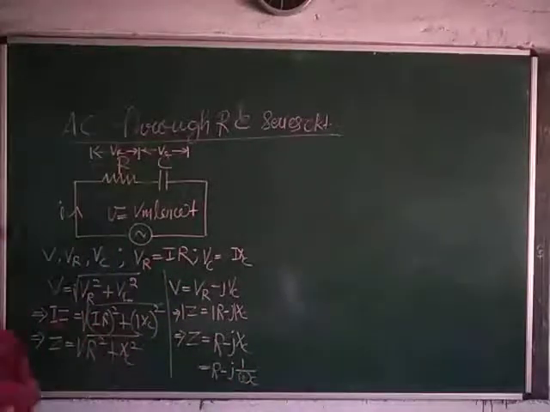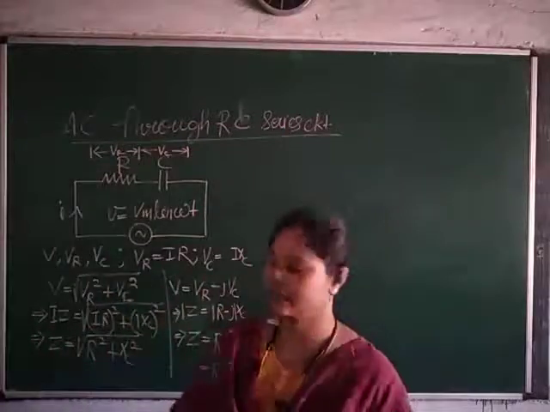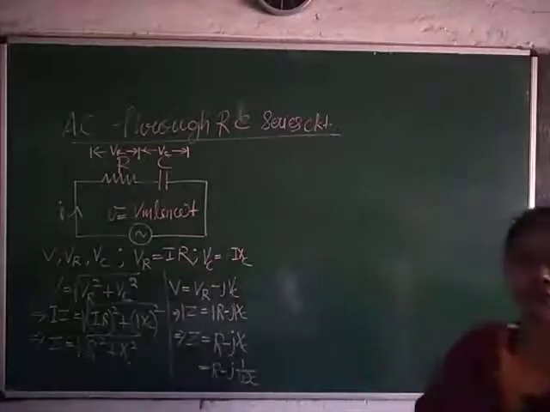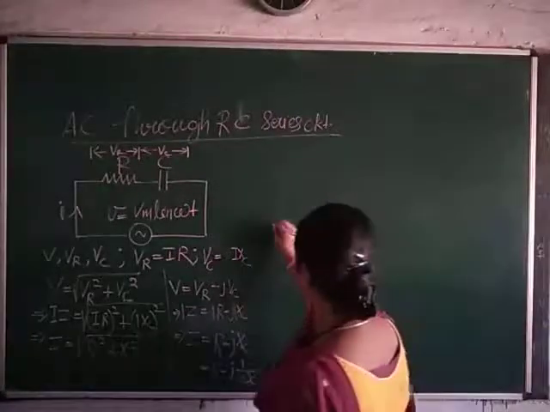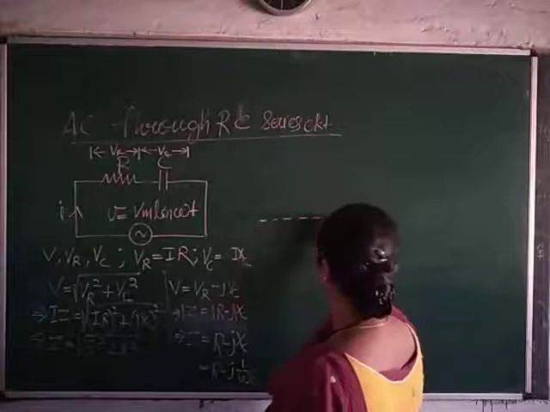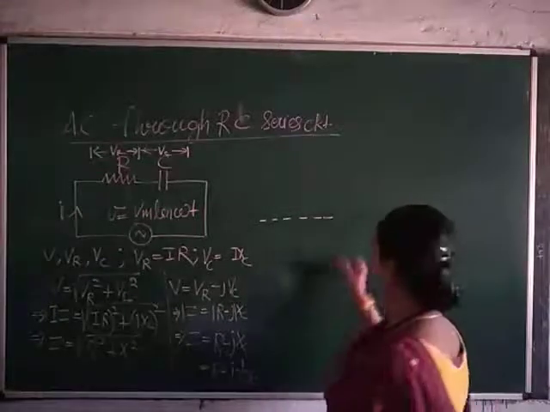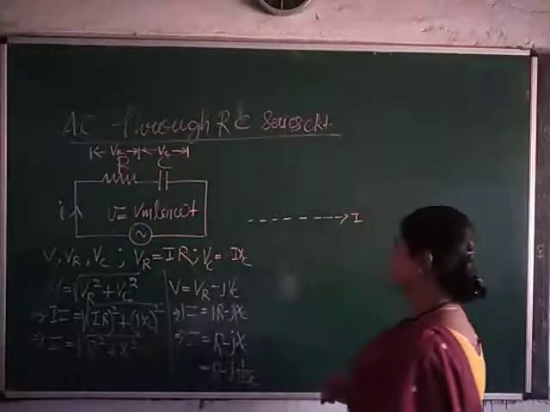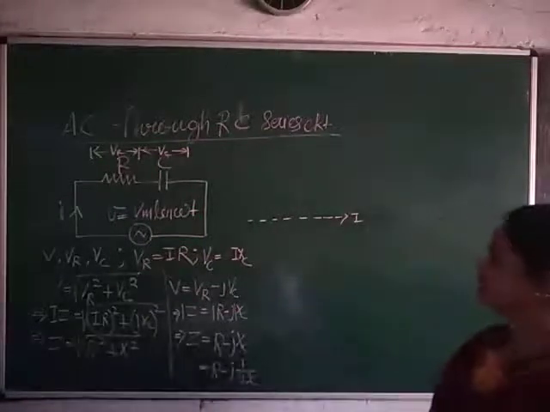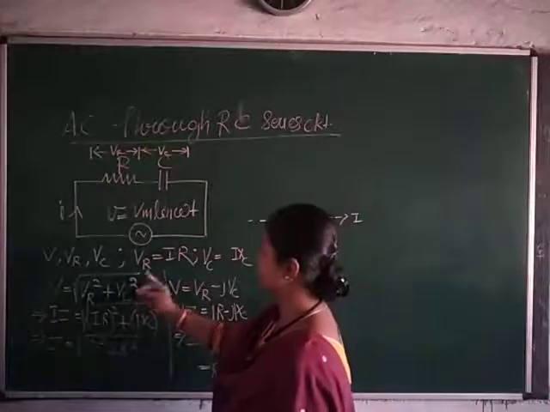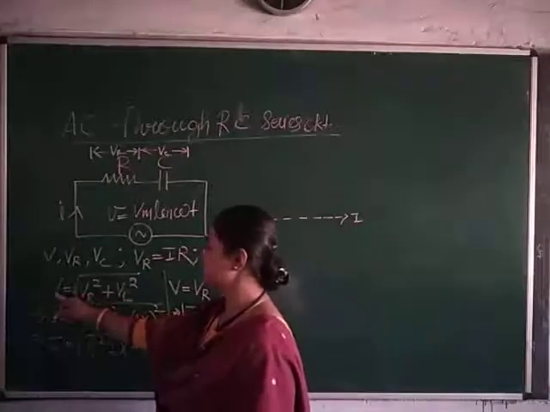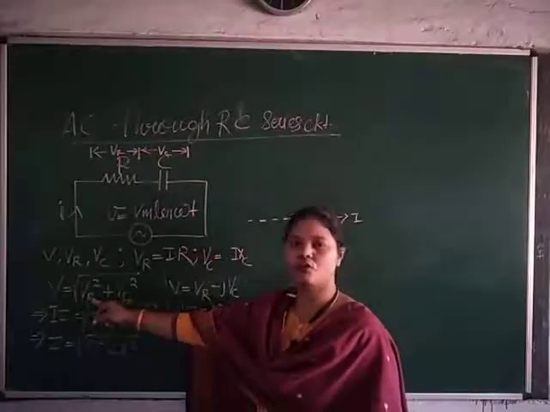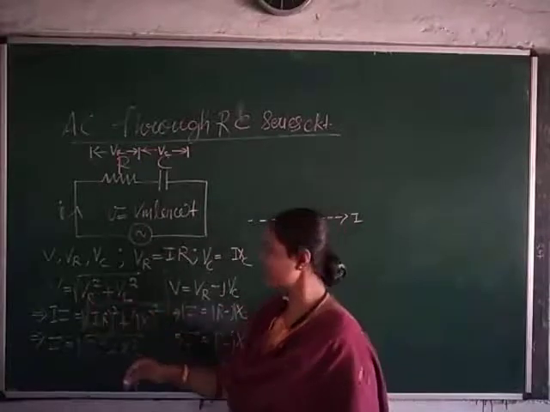Now you draw the voltage triangle for the RC series circuit. For drawing the phasor diagram for a series circuit, you take current as a reference because current is the same through each and every element in a series circuit. So I take current as the reference phasor. From this equation it is very clear that the total voltage, that is the supply voltage, is the phasor sum of the voltage across the resistor and the voltage across the capacitor.